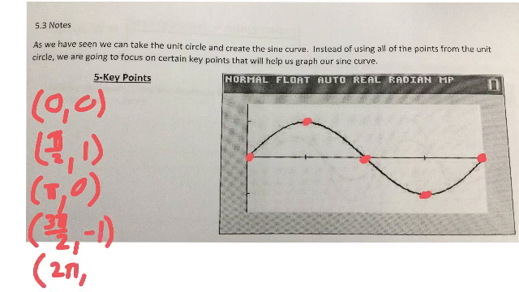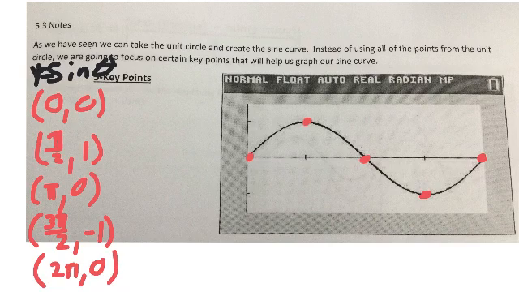And then 2 pi completes a revolution. It gets me back where I started. So for a sine graph, let me reiterate that. This is for sine of theta, y equals sine of theta. This is our 5 key points.